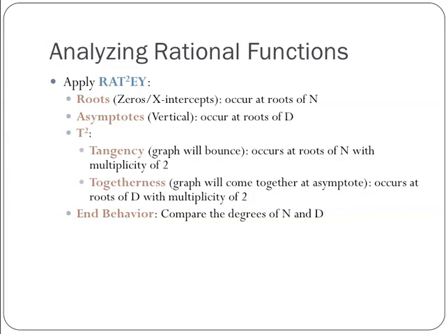And so the way we figure out what this end behavior is, we have to compare the degrees of the numerator and the denominator. Now, if the degrees are the same, then the horizontal asymptote is at y equals the leading coefficient of the numerator divided by the leading coefficient of the denominator.